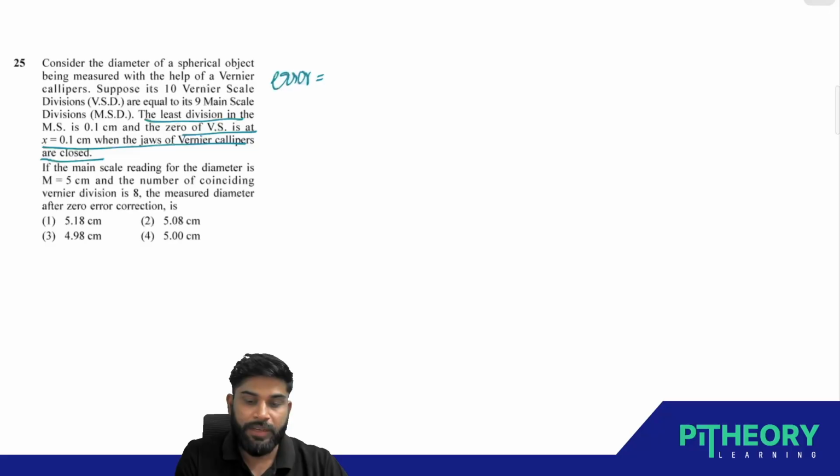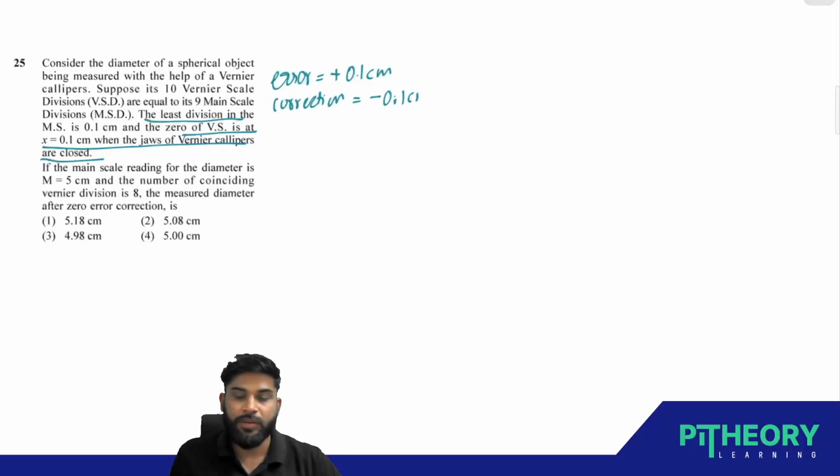Error you have to take as plus 0.1 centimeter. At the same time, correction you have to take the opposite, it will be minus 0.1 centimeter. You have to take the correction in this case. We'll do that correction at the end, after finding the final reading, I mean the true value.